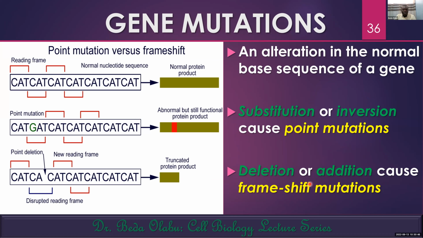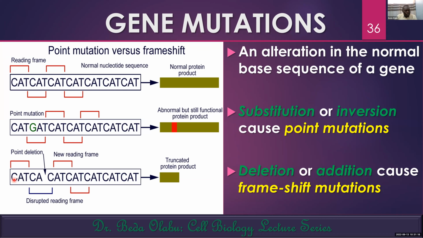Then there are those that we call frameshift mutations. Frameshift mutations are caused by either deletion or addition of a base pair. Remember, this is the original strand. If we add something here, addition, or we delete something, we'll change the reading frame. Why do we say so? Look.